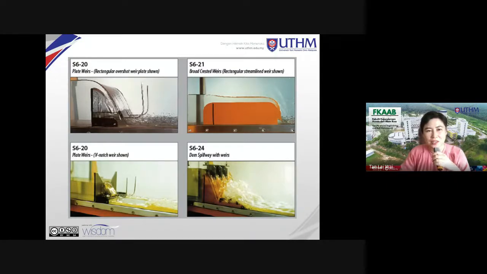Okay, submerged cases. So you have plate weirs. These are sharp crested. This is considered sharp as well. This is broad crested, because if you look at this, the thickness of this crest is actually more than 60% of the thickness of the nappe.